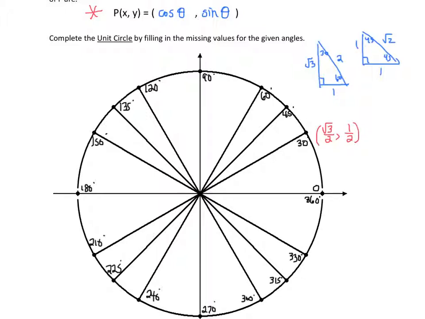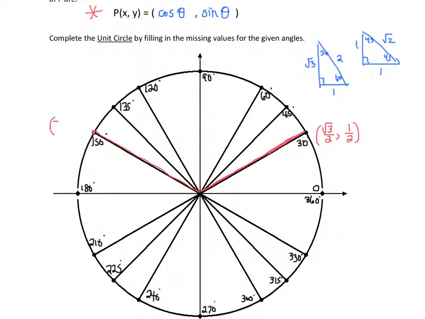Now, we also know that those will be the ratios for every angle that has a reference angle of 30 degrees. That is all of the angles related to an angle of 30 degrees. So, for example, then I can fill in the coordinates of this point over here, because the ratios will be the same, except that now we're in quadrant 2 where only sine is positive.